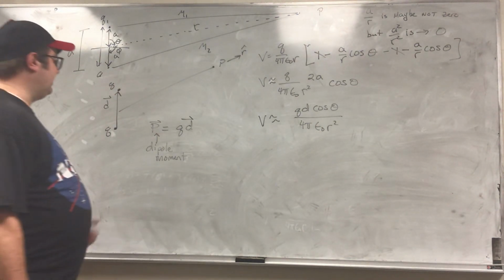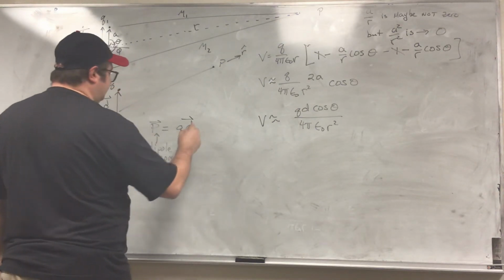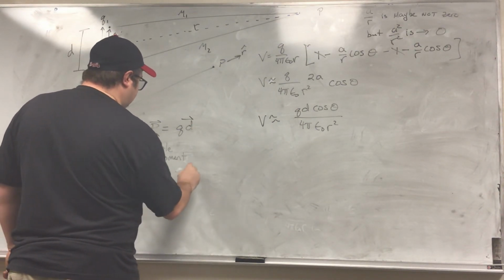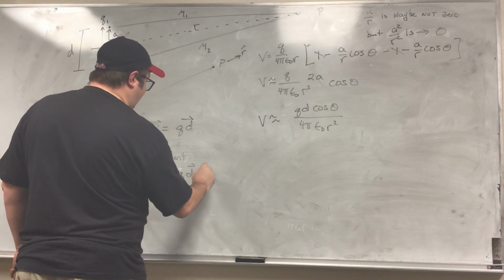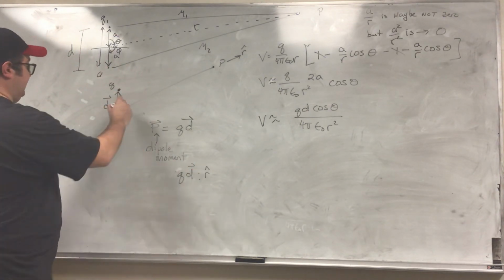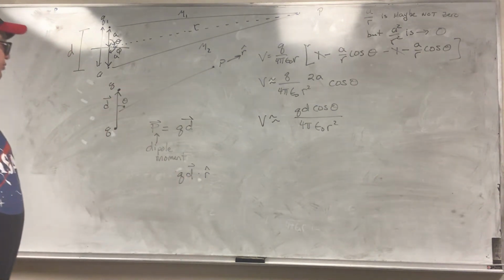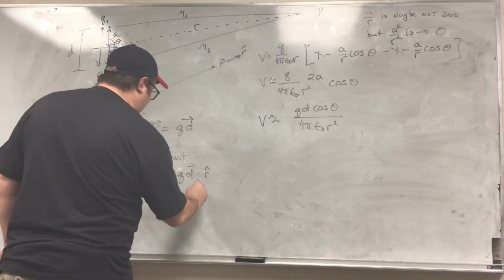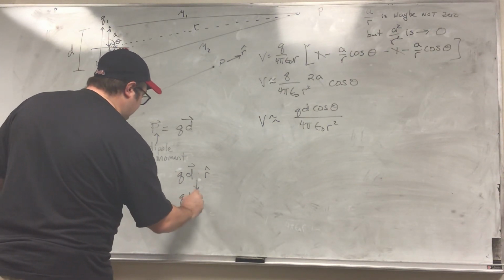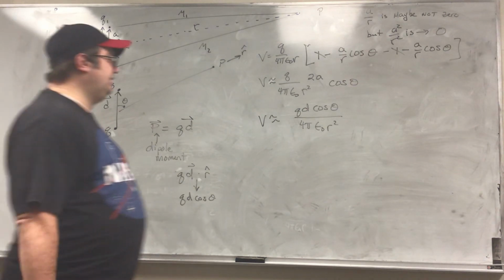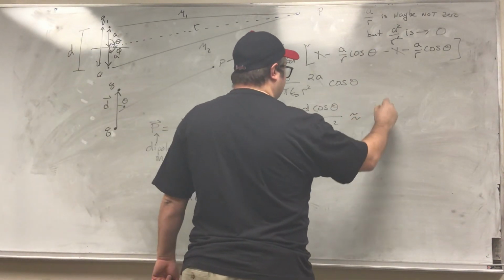So if I take qd dot r hat, that would just give me the cosine of the theta between them. So this would become qd cosine theta. So I can really write my potential in the following way.